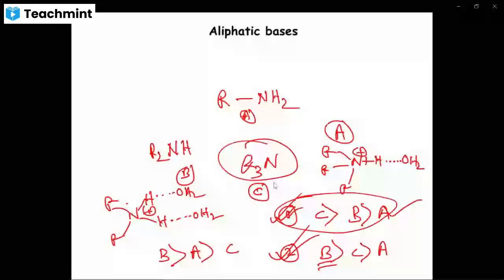B will be most basic, because here is a balance of inductive effect and solubility. For A, the conjugate acid is highly soluble, and for C, although inductive effect is there, the solubility is very less. Okay, so with aliphatic amines, this much you have to know, nothing more.